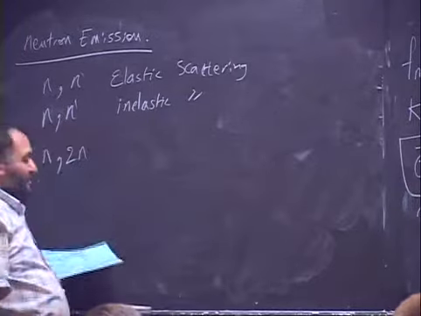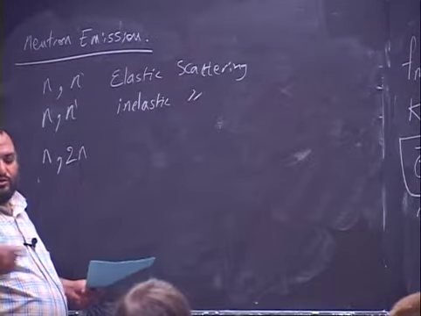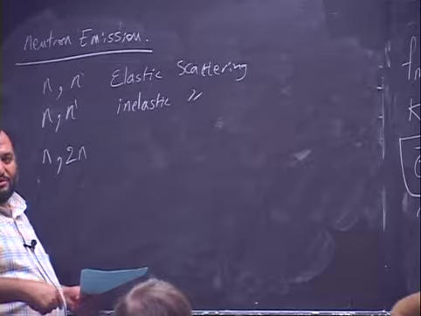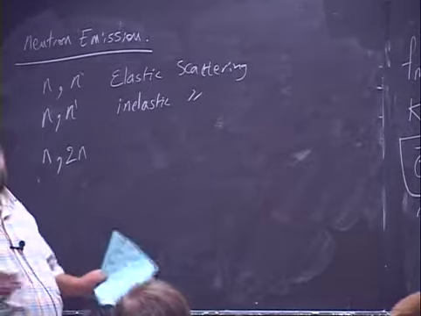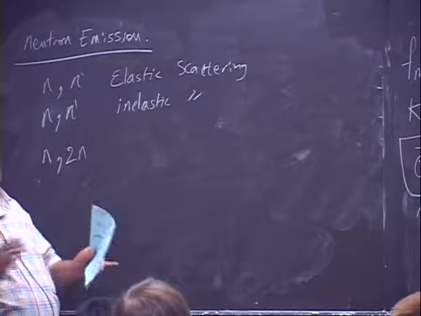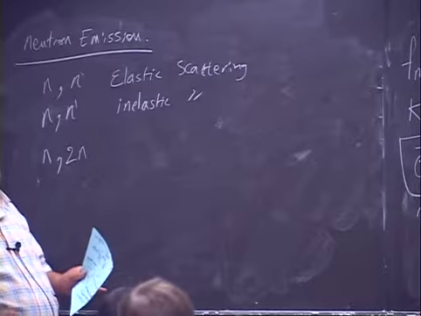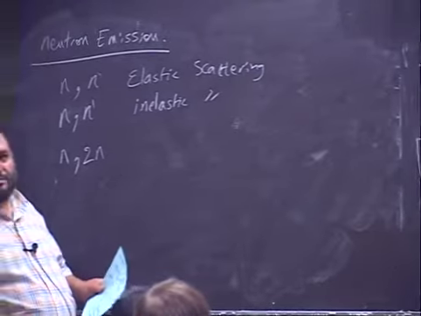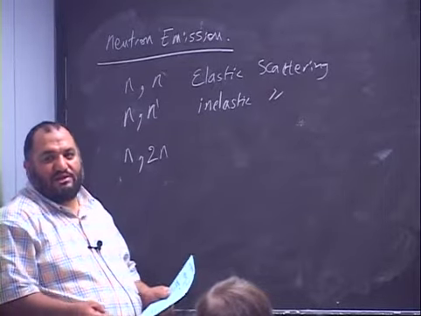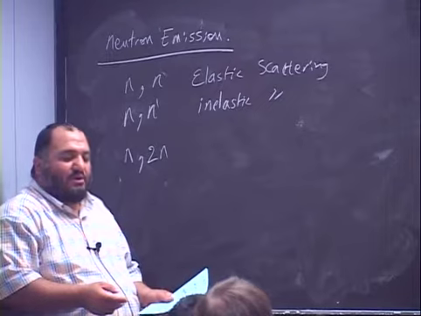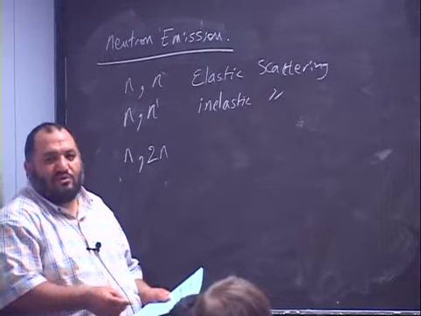Of course, when you go to (n,2n), (n,3n) and (n,4n), this means that the neutron comes inside the nucleus and gives the nucleus the binding energy. No matter what the kinetic energy of the neutron is, the binding energy will be the same. The only difference is the kinetic energy brought into the nucleus. If you have zero kinetic energy, you give just the binding energy. If you come with a very small amount of energy, you give the small kinetic energy plus the binding energy.